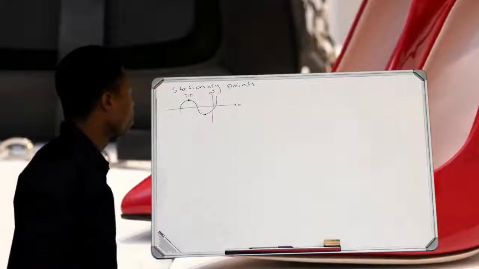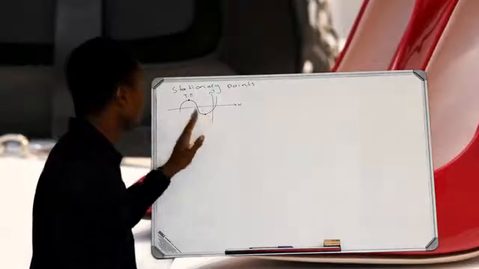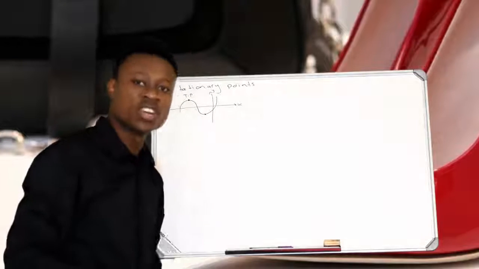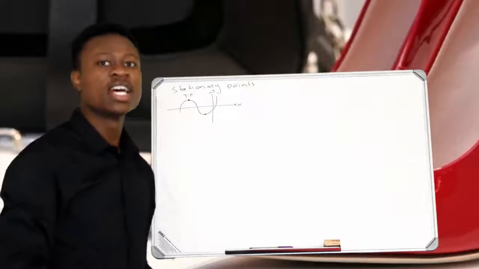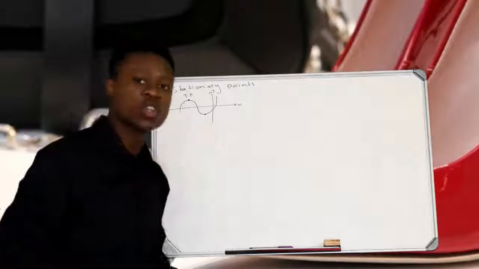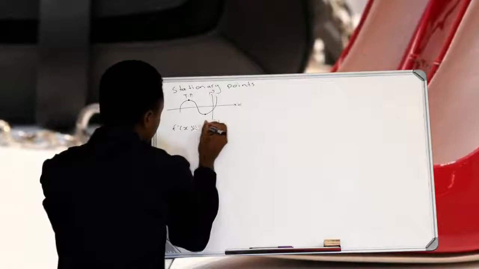And what's to note about that? The very important thing that you'll be using all over the place is that at a turning point or a stationary point, the gradient is equal to 0. What is the gradient again? The first derivative. The first derivative is equal to 0. So what do I mean by that? I mean f prime of x is equal to 0.